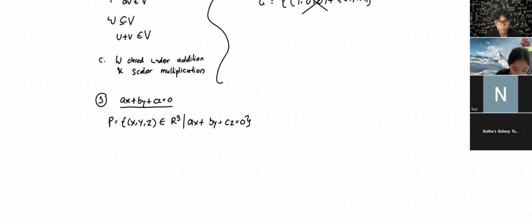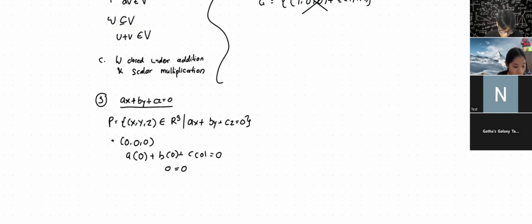So the point of origin, which is (0, 0, 0), fulfills this equation. Let's say we input this origin point into the equation like this. It will result like this, meaning that it fulfills it, and the plane is not empty and passes the origin point.